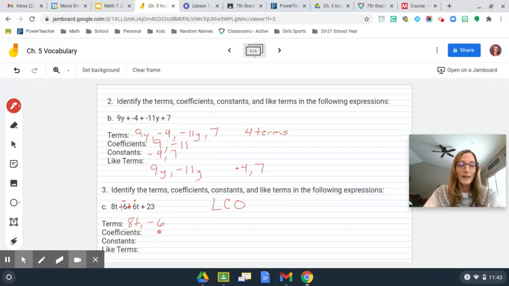We don't want to put positive 6. There's that subtraction sign in front, so it is a negative value. We have a negative 6t as a term, and again, that is also a negative value. We want to make sure we identify that term correctly. And we have a positive 23. So altogether, 1, 2, 3, 4 terms.